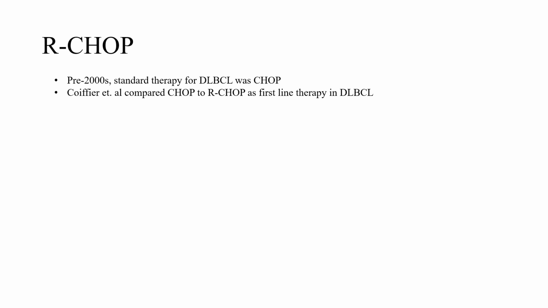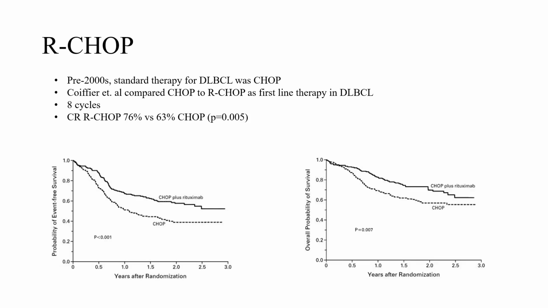They were all at least stage 2. And they compared 8 cycles. So they had 8 cycles of CHOP or 8 cycles of R-CHOP. And what they found was that the complete response in R-CHOP was 76% compared to 63% in CHOP, and this was significant. So we look down here, your probability of event-free survival.